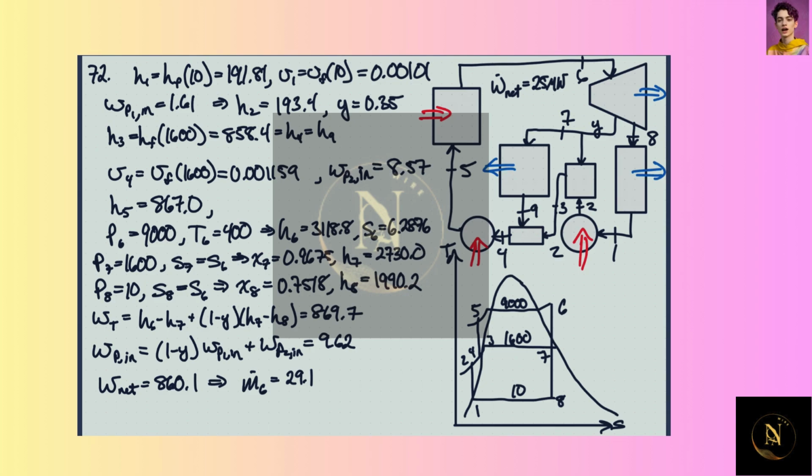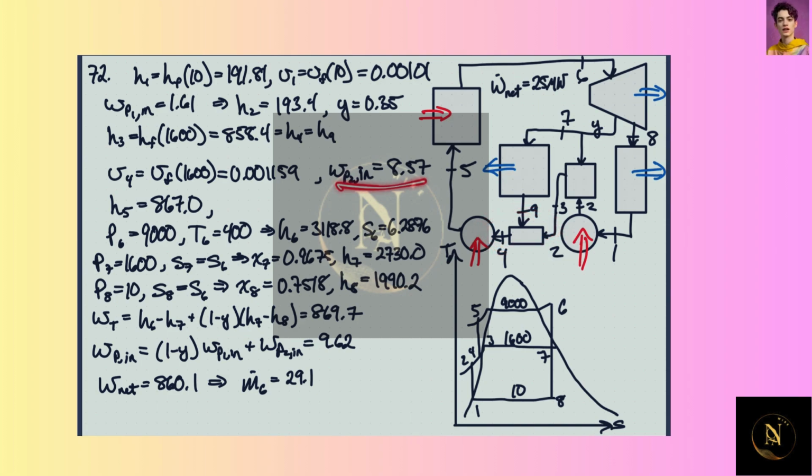So at 4, at 9, and at 3, these all basically have the same enthalpy because they have the same pressure and they're all basically saturated liquids. It might be slightly subcooled, but it's going to be a meaningless difference whether we worry about that or not.